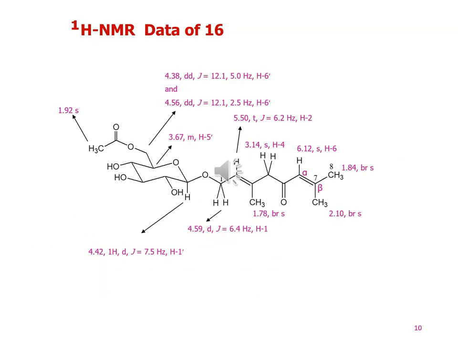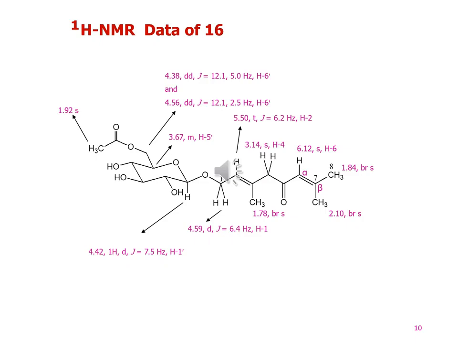This is the proton NMR spectral data of compound 16, in which we will discuss the proton behavior as well as how the structure of this molecule is determined on the basis of this proton NMR spectral data. Let's see the proton behavior of this molecule.